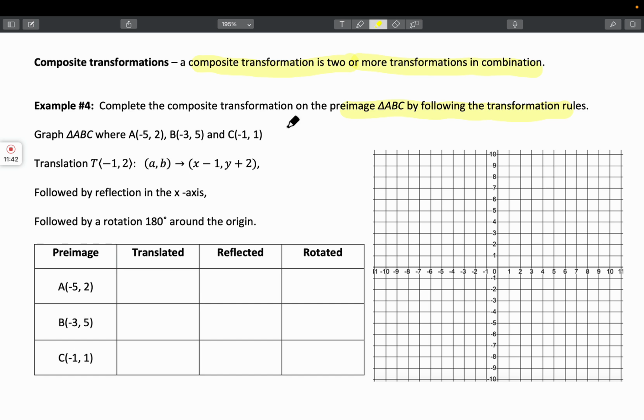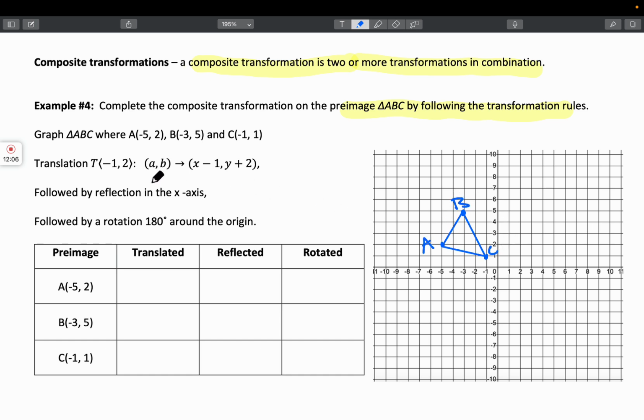All right, we're going to start off by graphing triangle ABC. A is at -5, 2. B is at -3, 5, and C is at -1, 1. All right, so here we go, A to B, B to C, and C back to A. There we go, A, B, C.